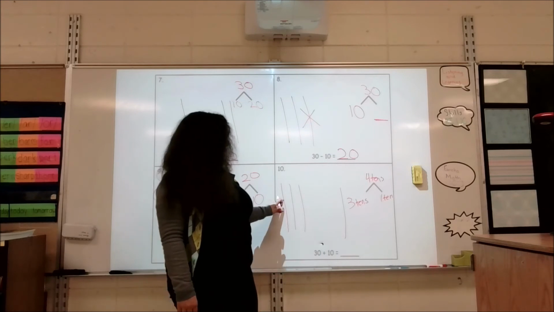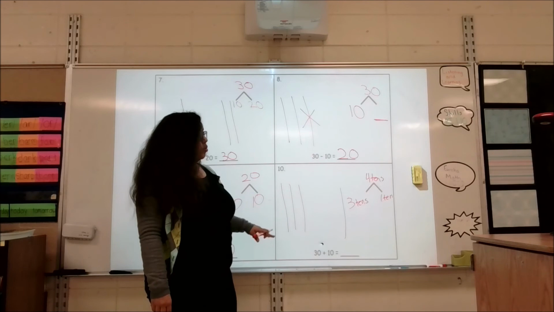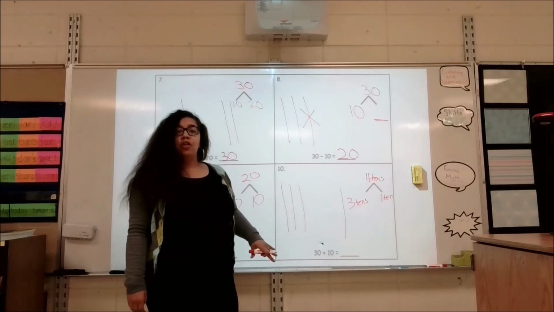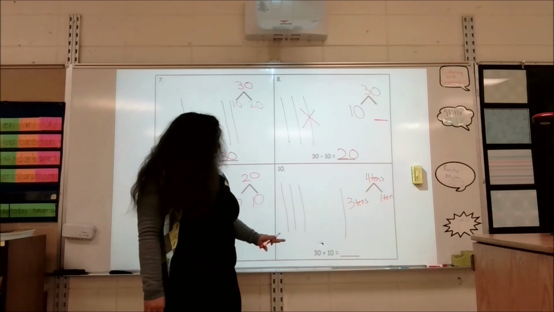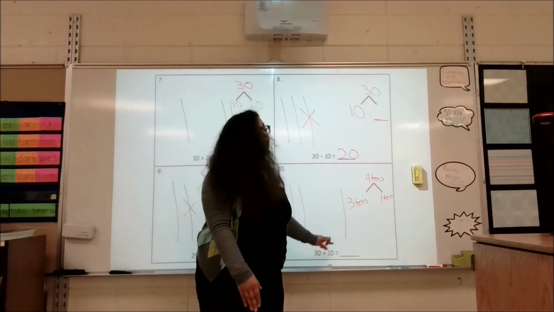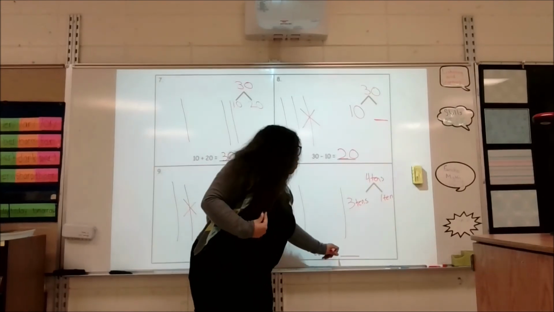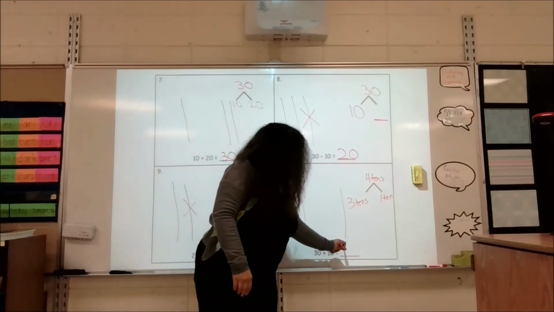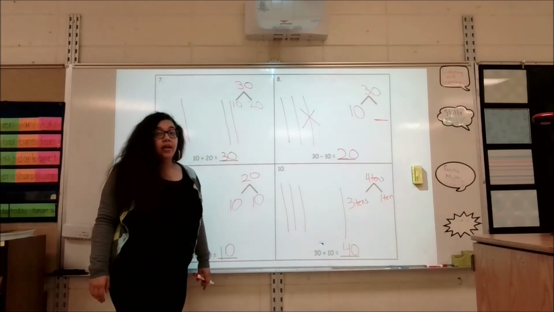Okay, so do I have 4 10s pictured here? I do. What is the value of 4 10s? 40. Excellent. The value of 4 10s is 40, which means 30 plus 10 is equal to 40.